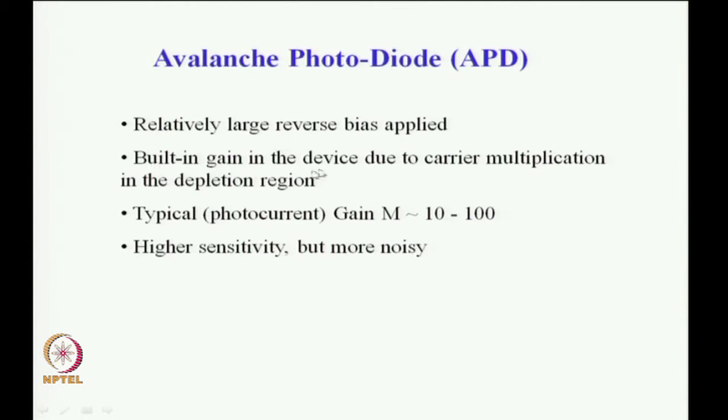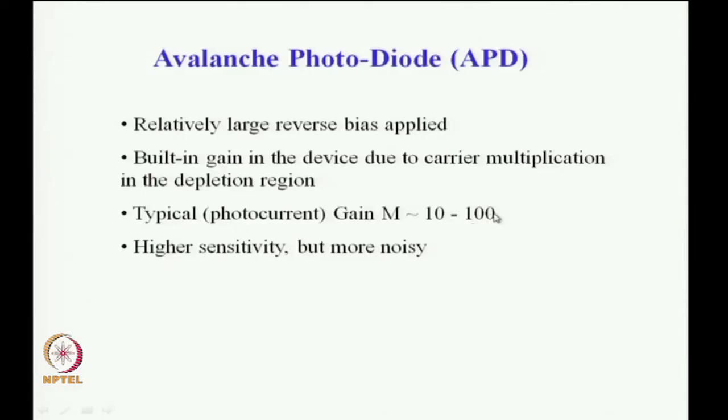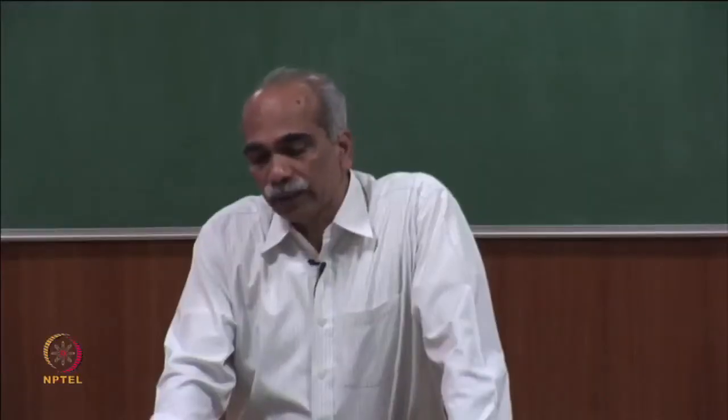There is a built-in gain in the device due to carrier multiplication in the depletion region by the avalanche process. We will see what this avalanche process is. Typical photocurrent gain M is of the order of 10 to 100. M here is the ratio of the photocurrent IP in the external circuit after the avalanche process to the primary photocurrent.